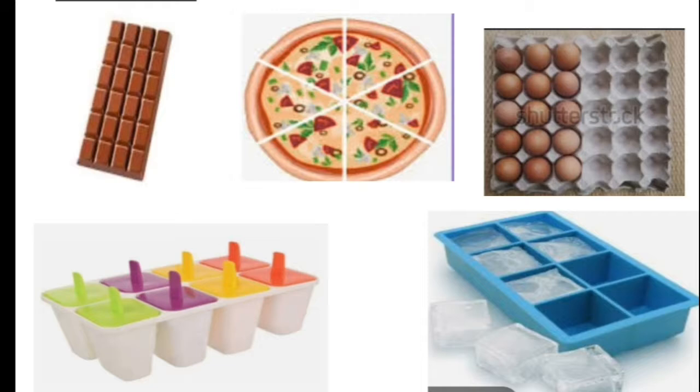In the ice cube tray, we can see the one ice cube tray has 8 parts, all equal parts. So here I can write the fraction for this. We can say there are 5 ice cubes left out of 8, right? The fraction I can write is 5 by 8. Or 3 cubes are empty, so I can write that as 3 by 8.